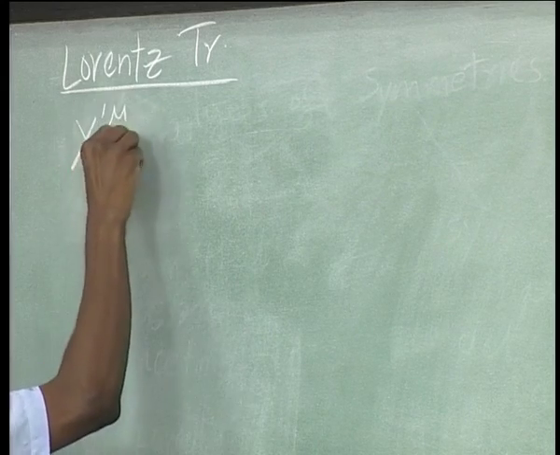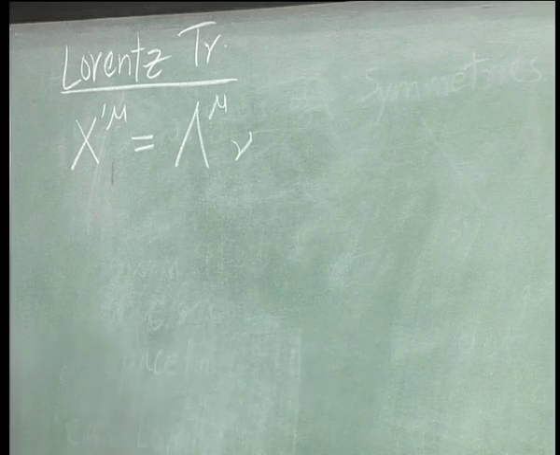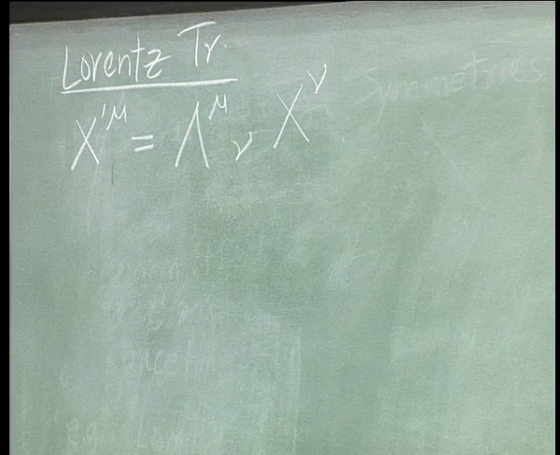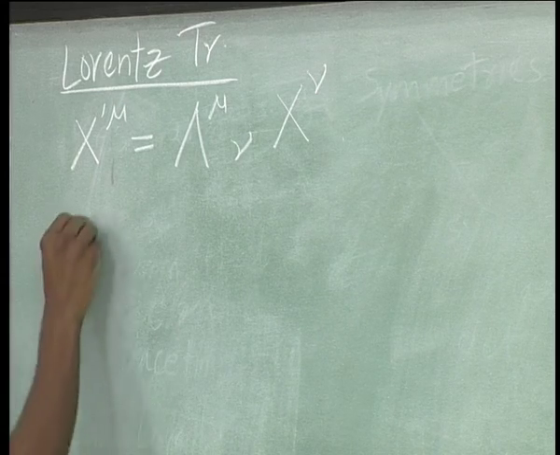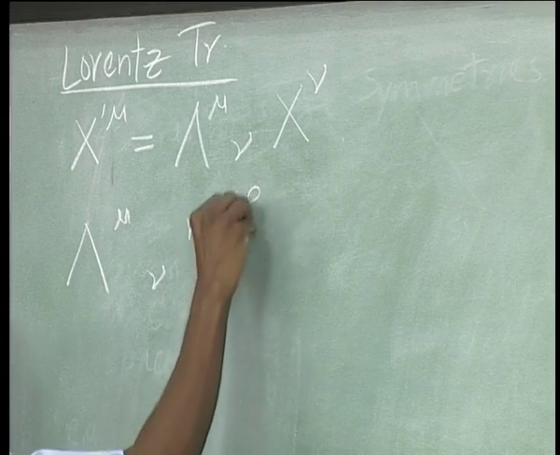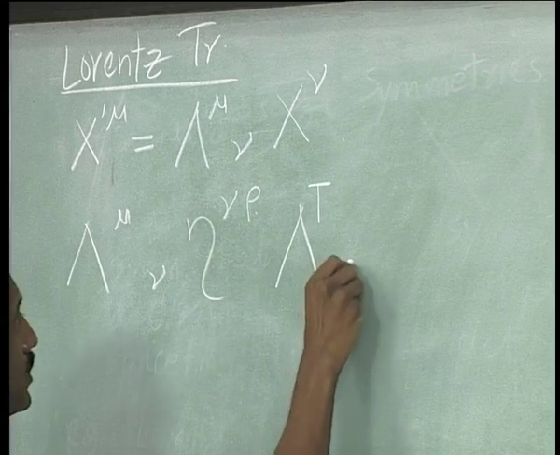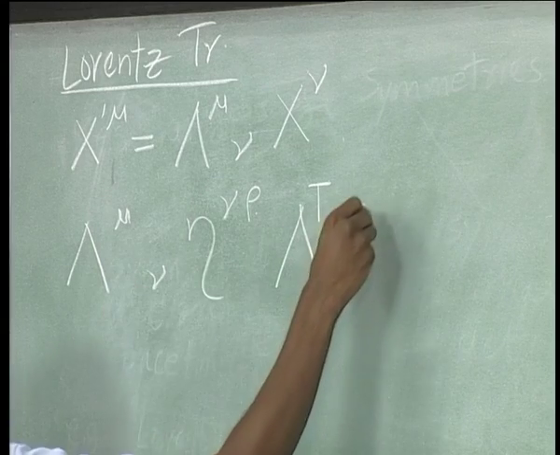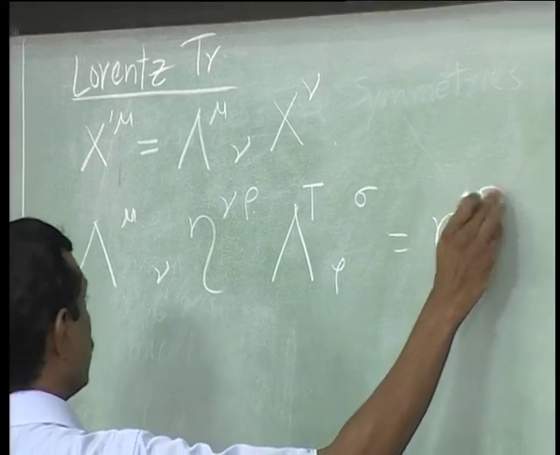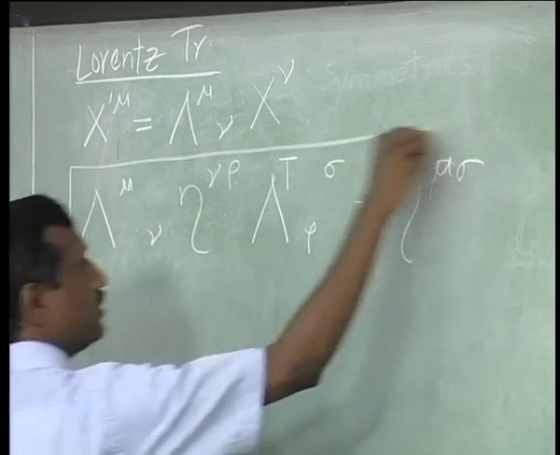So you will have x prime mu equals capital lambda mu nu x nu, where lambda mu nu eta mu rho, lambda transpose which has the opposite structure, rho sigma.